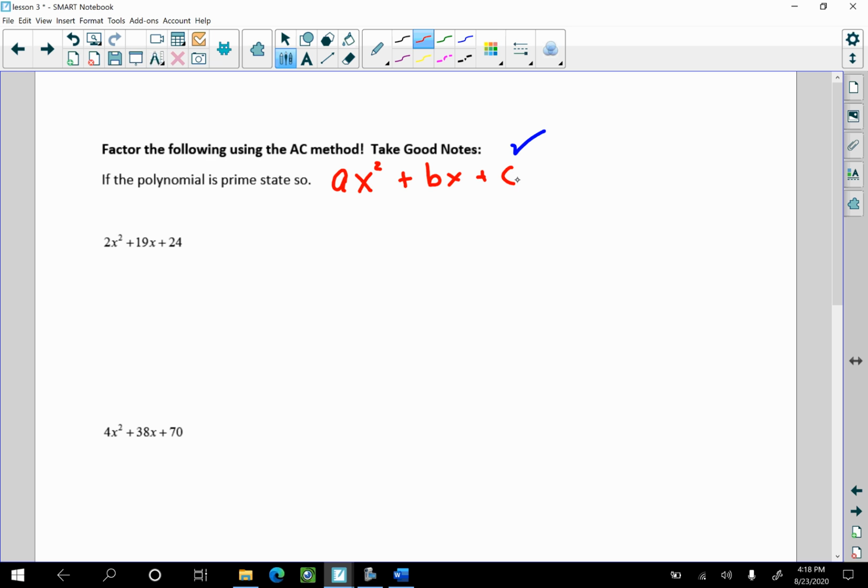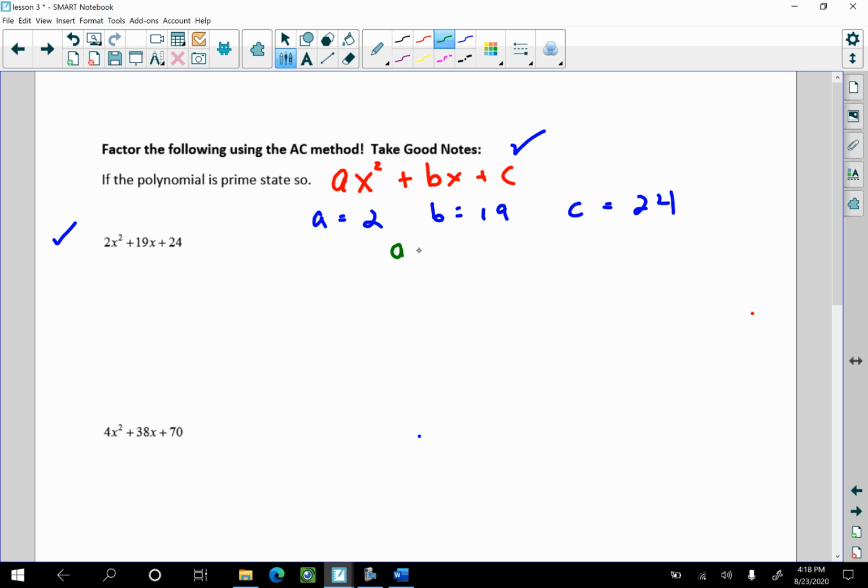So we're going to pick out the a, the b, and the c. We're going to factor this one right here. And here I have a equal to 2, b equal to 19, and c equal to 24. The AC method tells me to find the product ac.